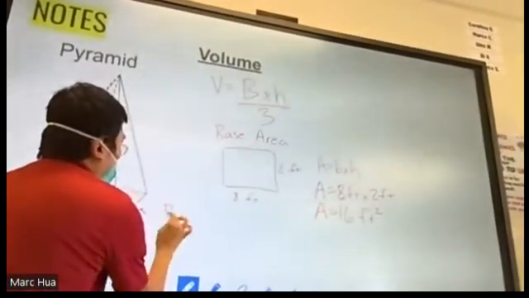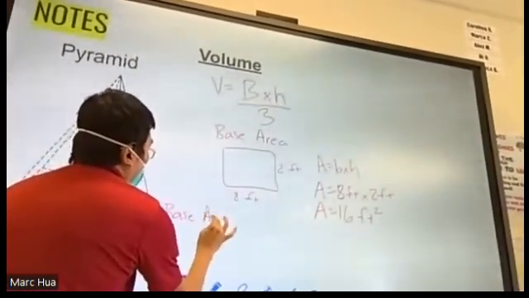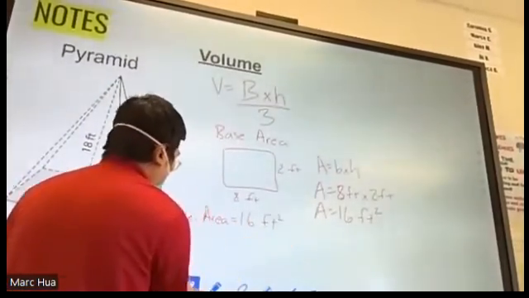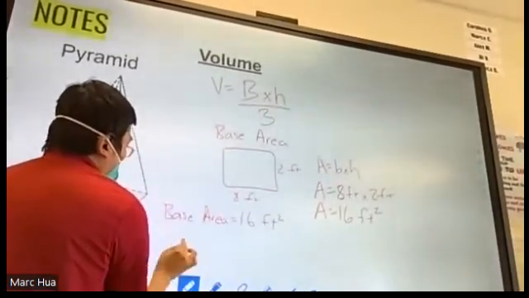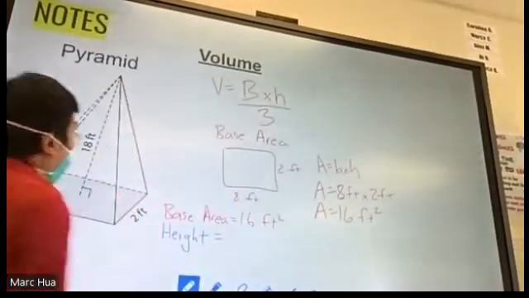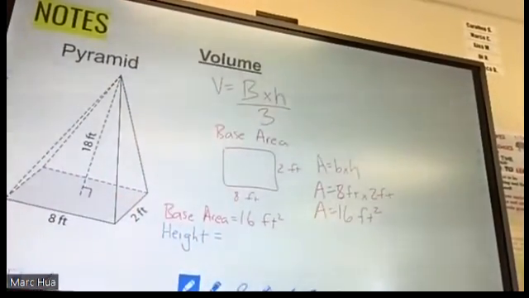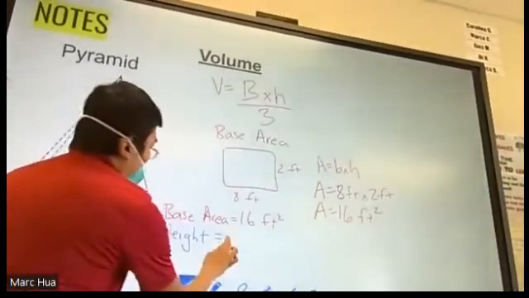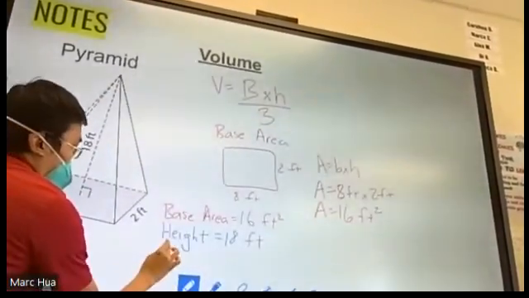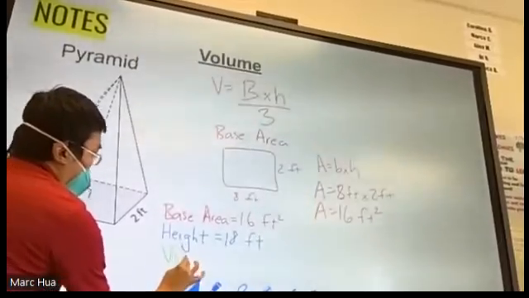So the base area is 16 feet squared. What is our height? 18 what? Feet. Now we're going to find the volume.